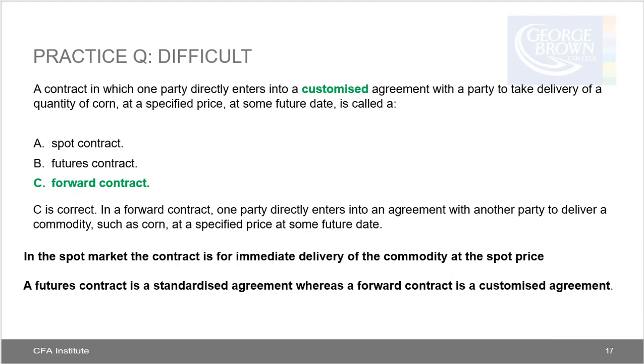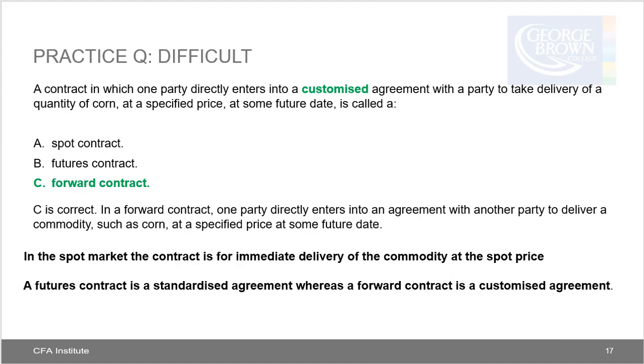In a forward contract, one party directly enters into a customized agreement with another party to deliver a commodity such as corn at a specified price at some future date. In the spot market, the contract is for immediate delivery of the commodity at the spot price, and a futures contract is a standardized agreement, whereas a forward contract is a customized agreement.